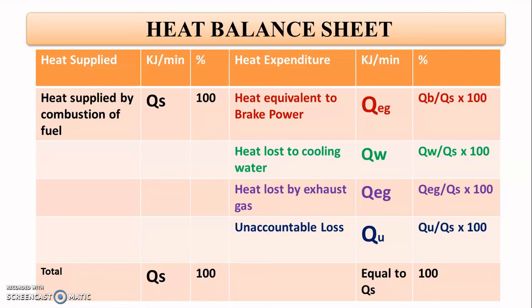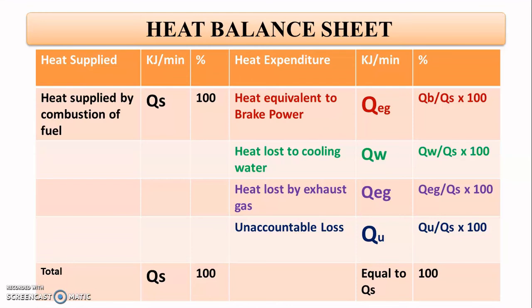Now, heat output means heat expenditure. Already I had told you, heat can be utilized in the various ways, like heat equivalent to brake power, heat loss due to cooling water, heat lost by exhaust gas, and unaccountable loss. So every term will be calculated in terms of kilojoule per minute.